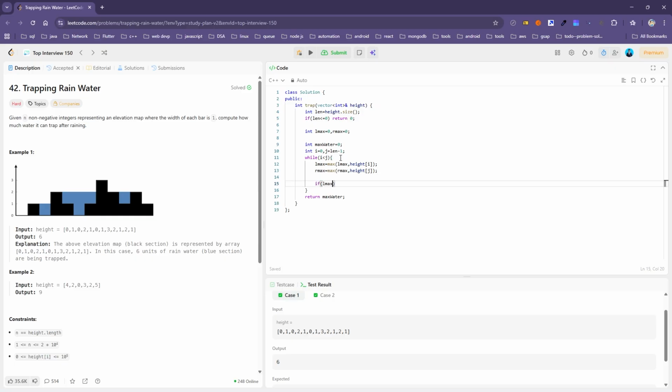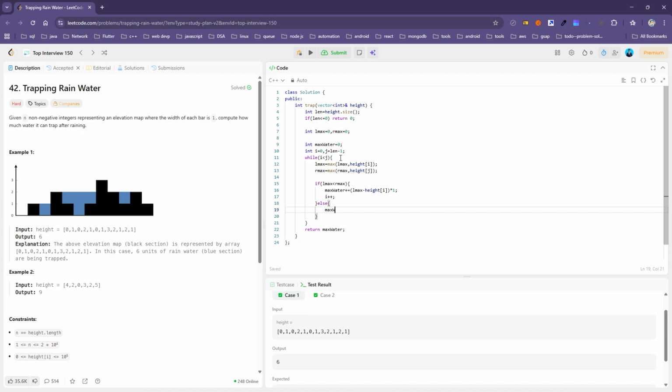Now if Lmax is less than Rmax, we'll collect water at the ith position. So max water will be equal to Lmax minus the height at the ith position, multiplied by the width, and i plus plus. We collected the water at the ith position and now we will move forward.